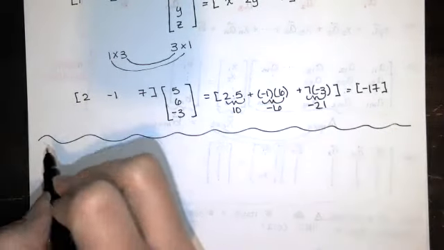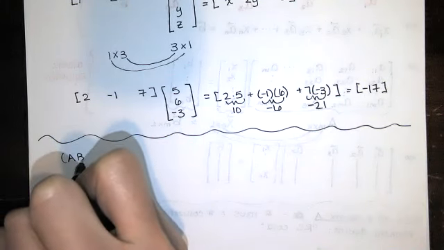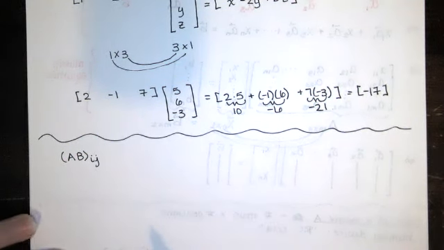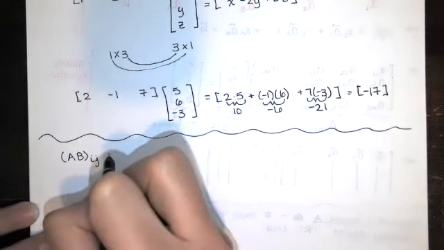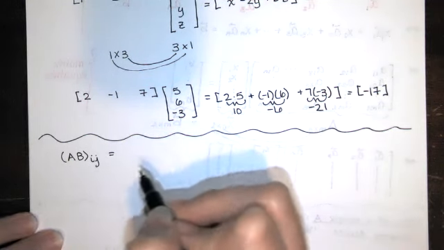Sometimes we'll say that the ith, jth entry of AB is denoted that way. I will just say it's written that way.